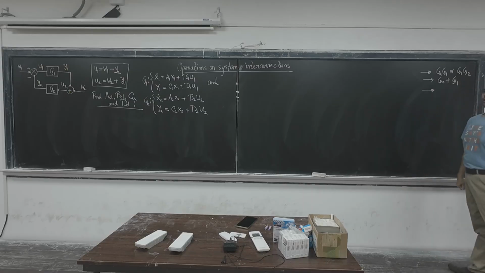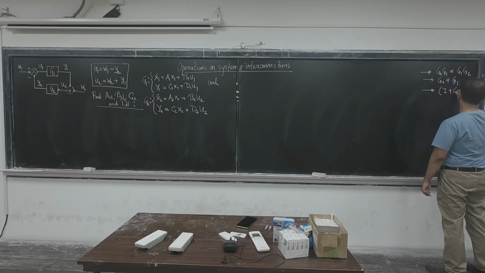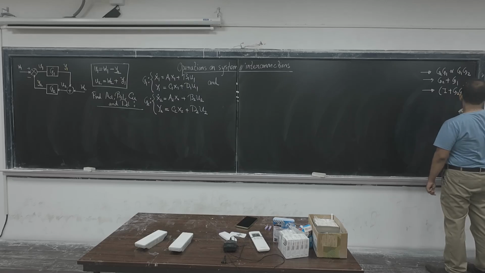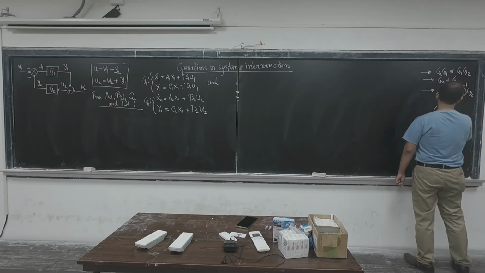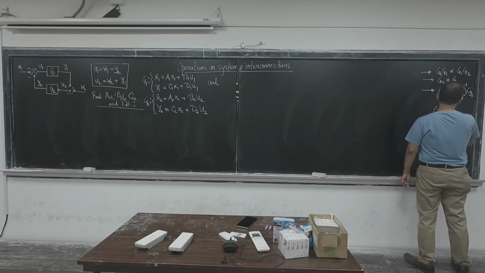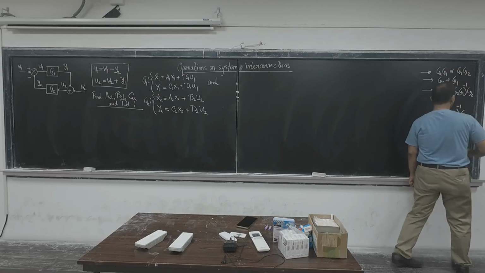Then the longest derivation which we are now going to do, longest in the sense among all of them, is the feedback interconnection. Why is that longest? Because there you have to find the representation of I plus G2 G1 whole inverse into G2, or I plus G1 G2 whole inverse into G1.